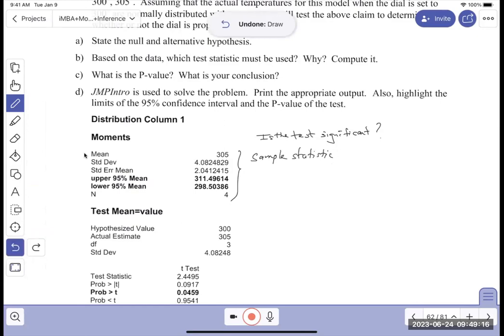So these are the statistics. So this is X bar. What is the second one?